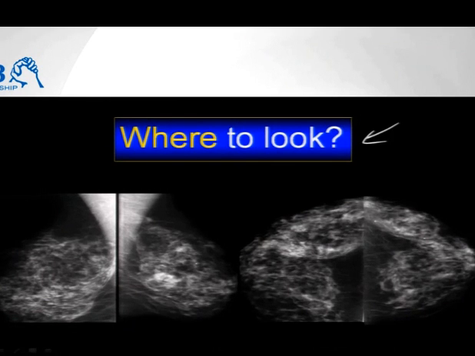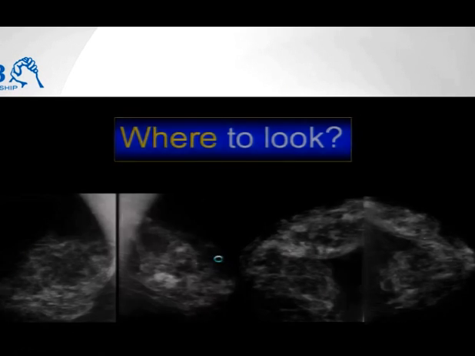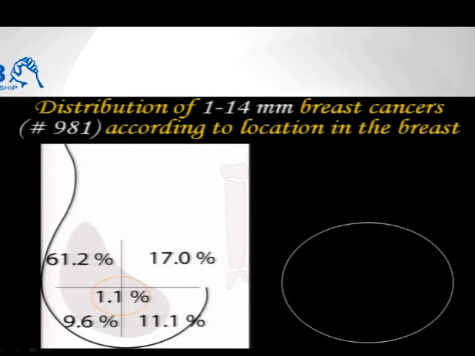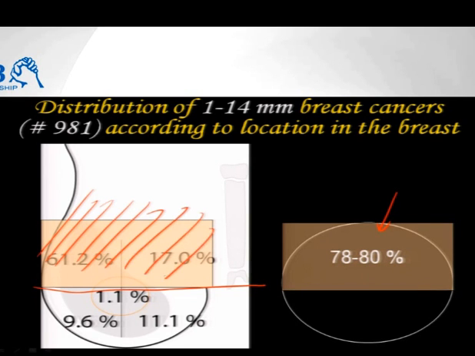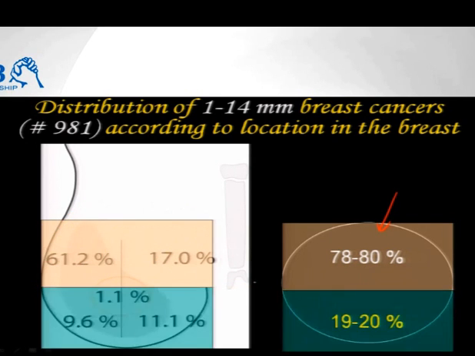Where? Is there any special region which has most of the carcinomas? Yes, there is. If a woman is standing in front of you and you just draw a horizontal line over the nipple or nipples, then 80% of the breast cancers are in the upper hemisphere and 20% in the lower half, leaving about 1 to 2% to the retroareolar area.